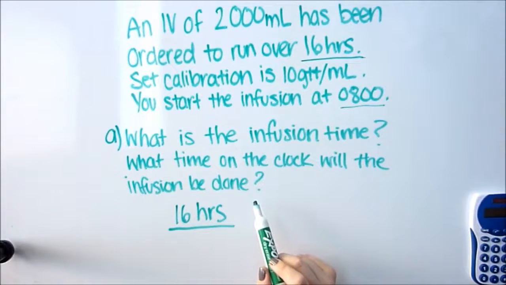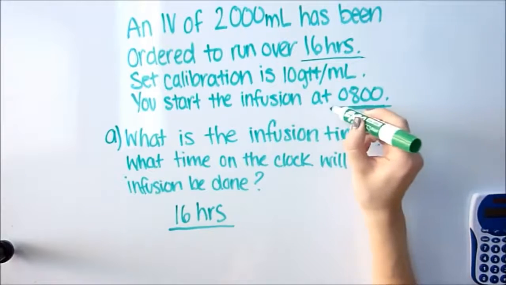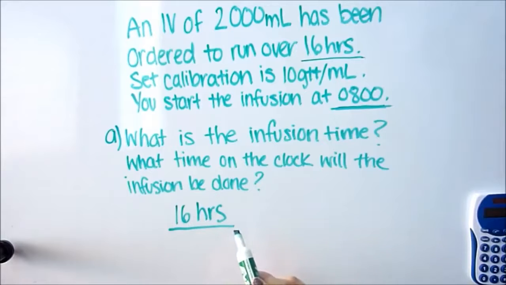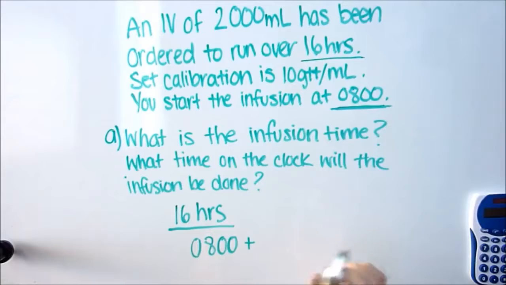Now, when you go to clinicals, you're going to see that everything is in military time. I know it sucks. You got to get used to it. You got to know it. But it's not that hard to get used to. So we're going to take 0800. This is a way, way easier way to just calculate all of it out. So we're going to take 0800 plus 1600, just like that.